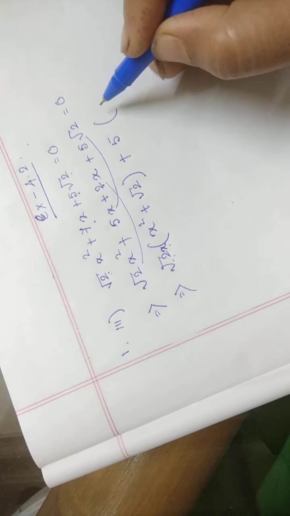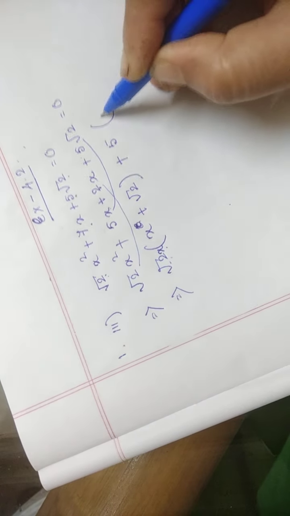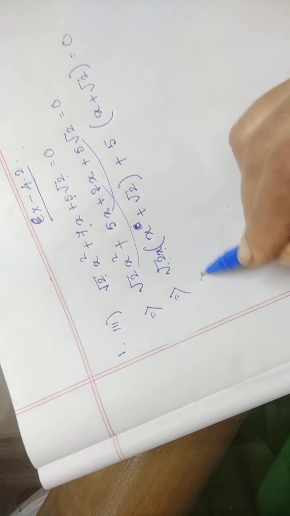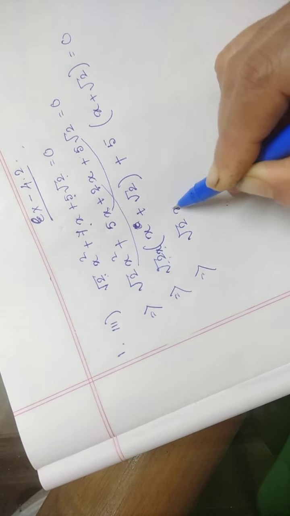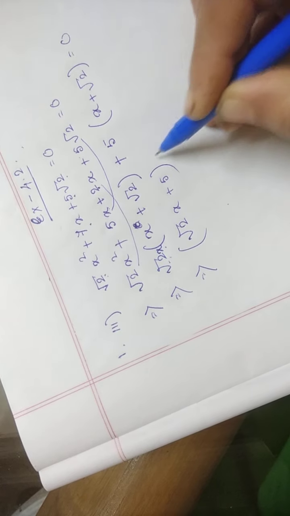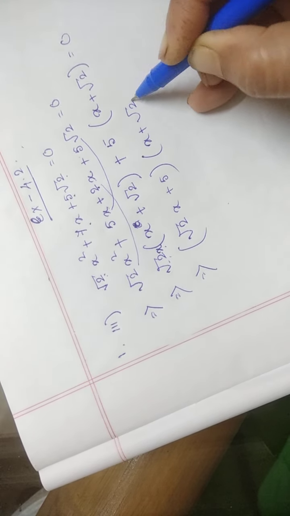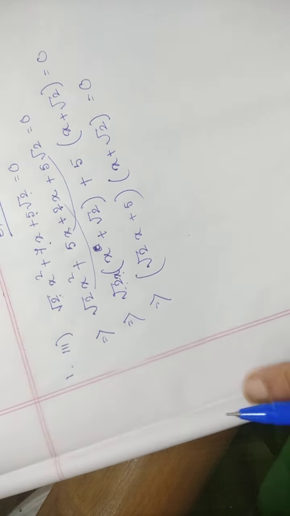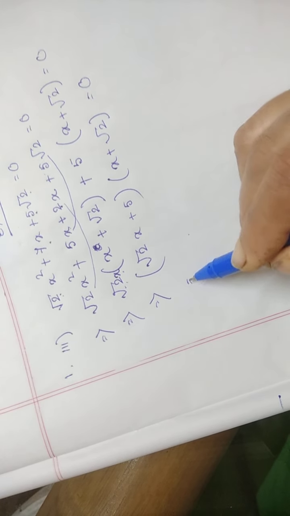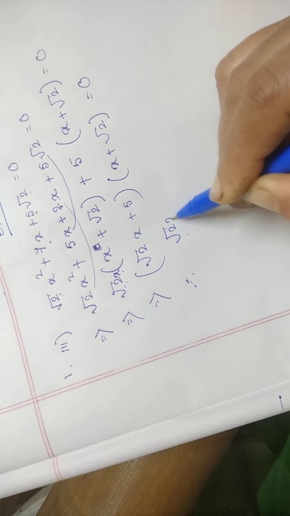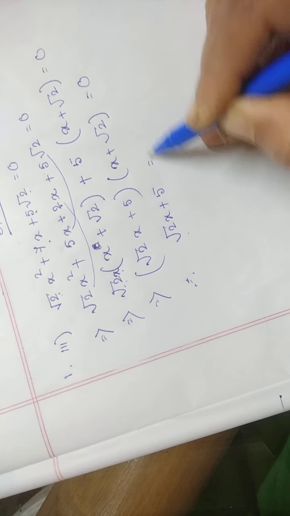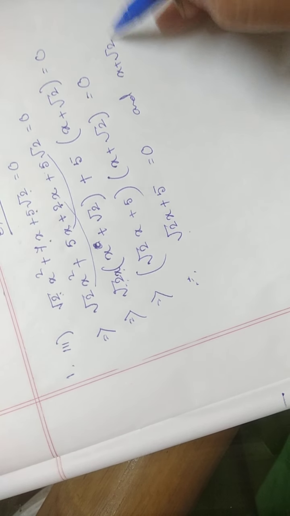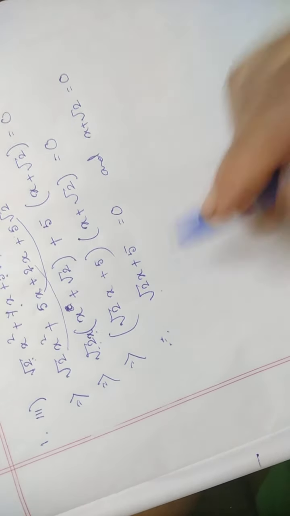So from here what is left? x is left. From here root 2 is left. So root over 2 x plus 5, x plus root 2 equal to 0. Okay. Therefore, root over 2 x plus 5 equal to 0 and x plus root 2 equal to 0.